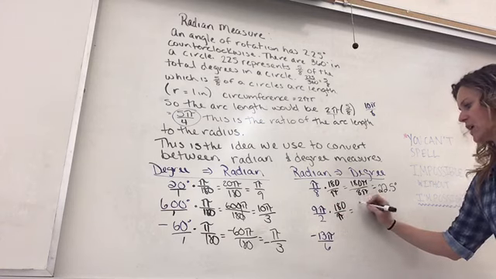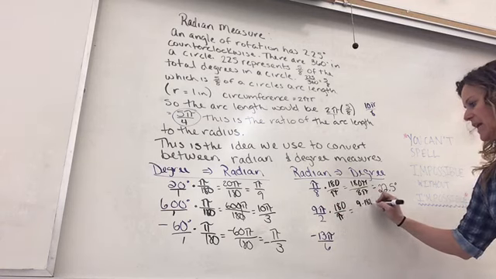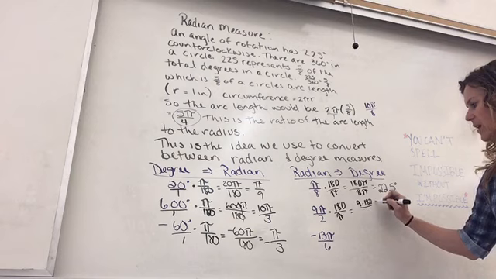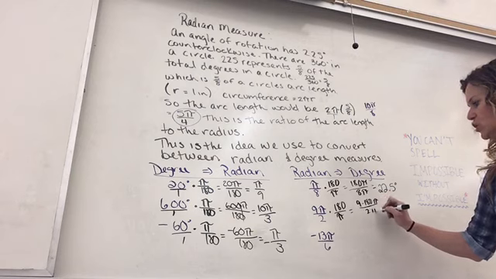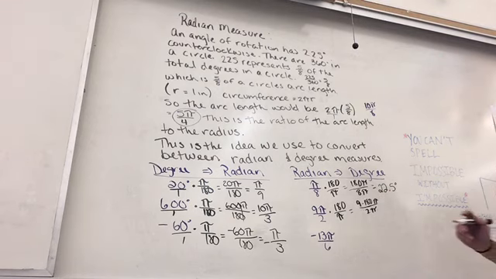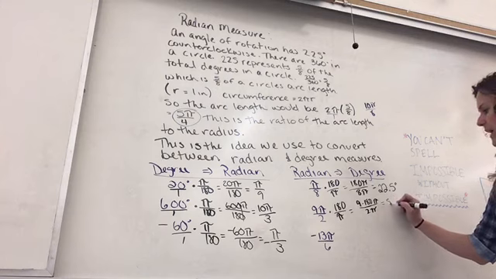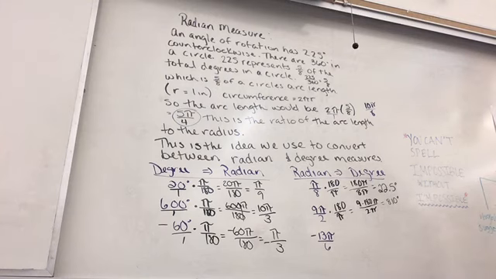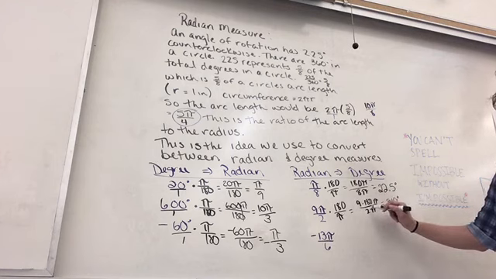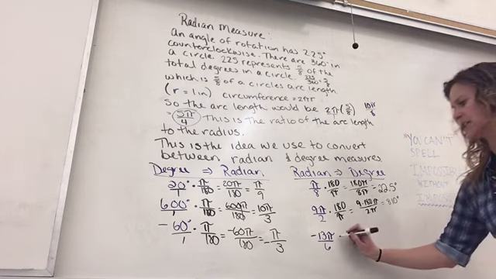So when I multiply across, I have 9 times 180 divided by pi divided by 2 pi. Well, that ends up giving me 810 degrees. Because the pi's cancel out, we can cross cancel this. 9 times 90 is going to be 810.